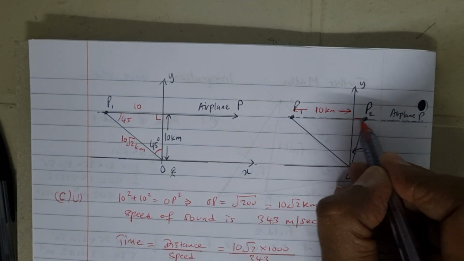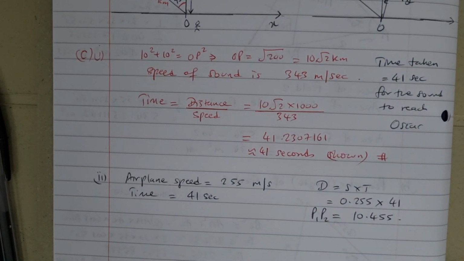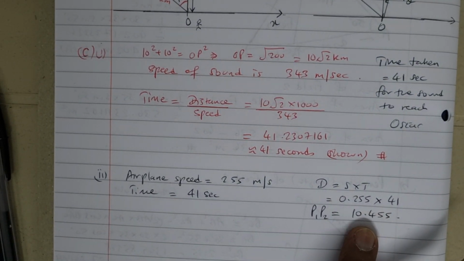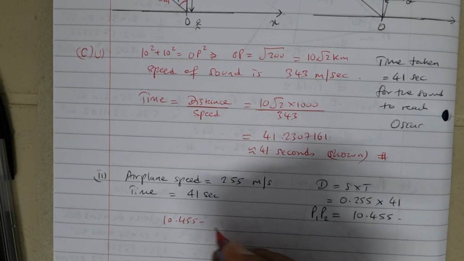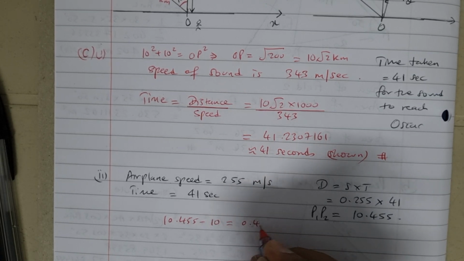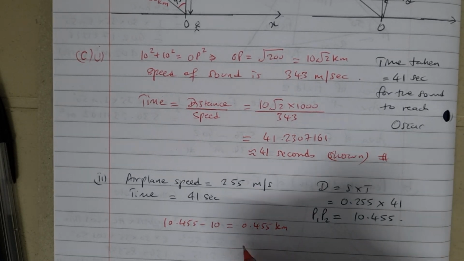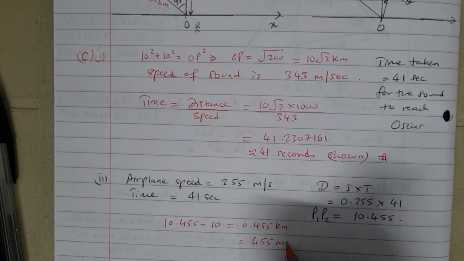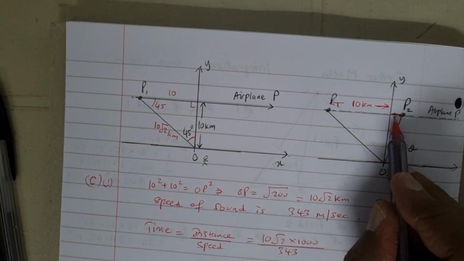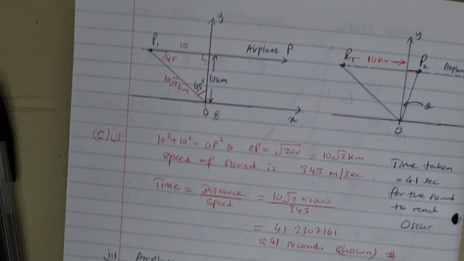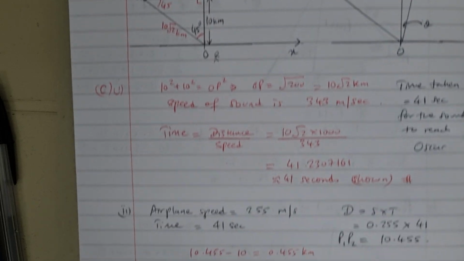But from here to here, that small distance here, this is going to be equal to 10.455, take away the 10 kilometers, you get 0.455 kilometers. So basically we're saying that this is 455 meters. Now that's the distance we have here, 455 meters.